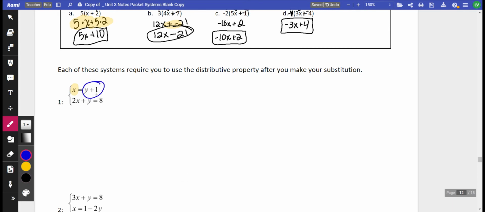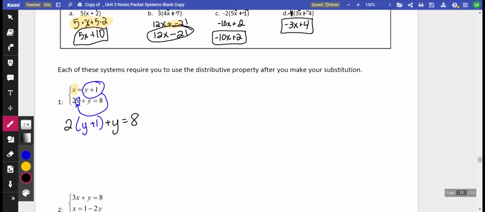So I'm going to take the y plus 1, and I'm going to substitute in for the x in my second equation. So this becomes 2 times the quantity y plus 1 plus y equals 8. You'll notice I did y plus 1 in blue to indicate that I replaced my x value in the second equation with what it represented in the first.